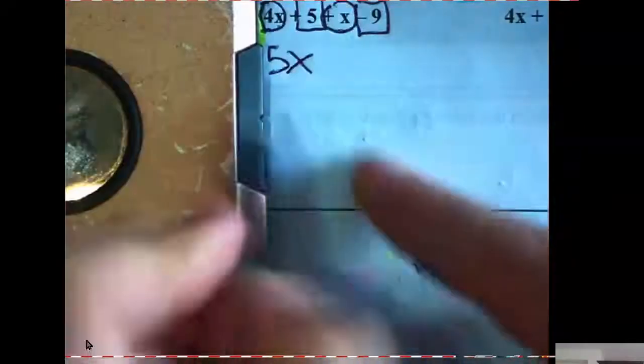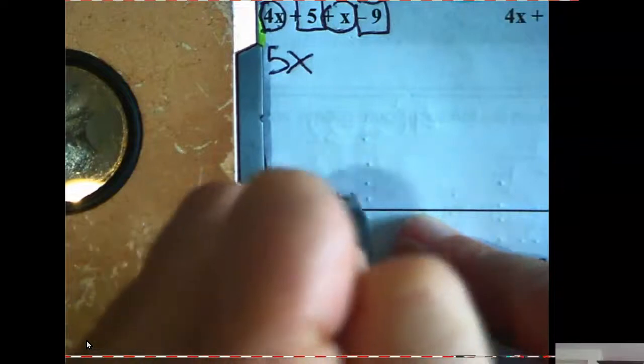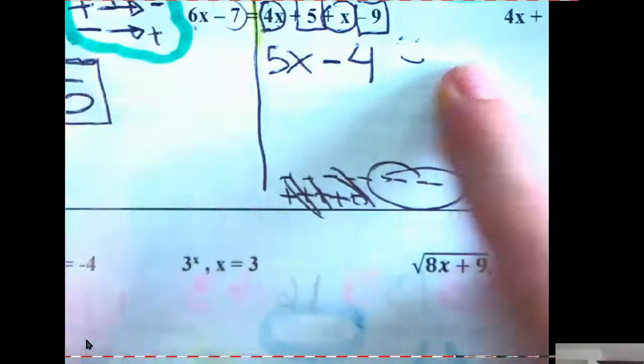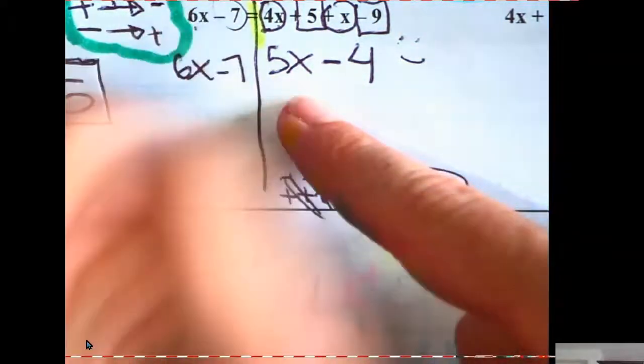And then I have here, same, same. 1, 2, 3, 4, 5. 1, 2, 3, 4, 5, 6, 7, 8, 9. Boom, -4. So I have to make it pretty. Now this side is pretty. This side is pretty. So I'm going to rewrite 6x minus 7. And then the line is in the middle.